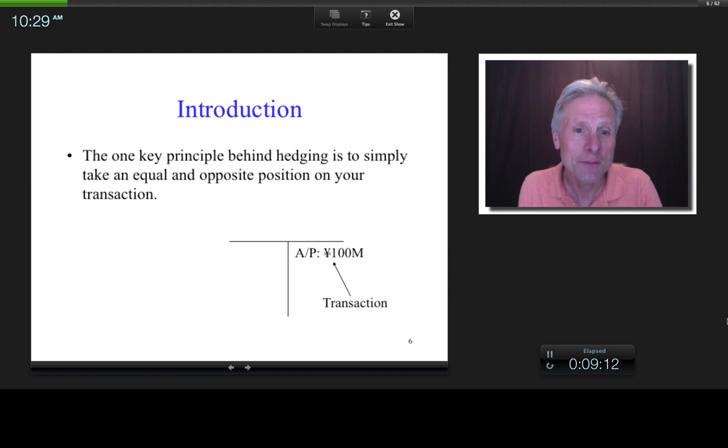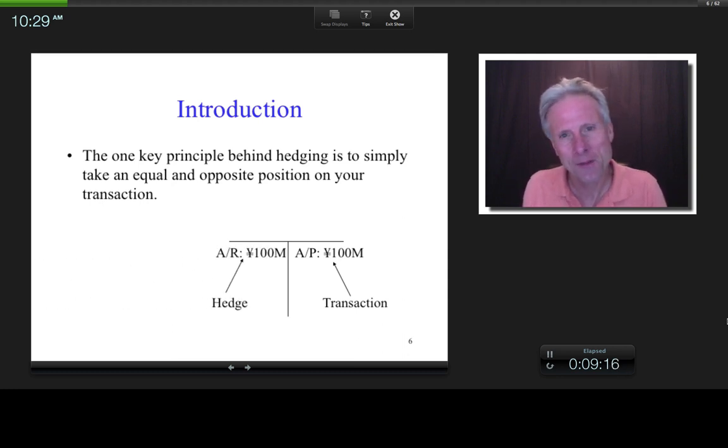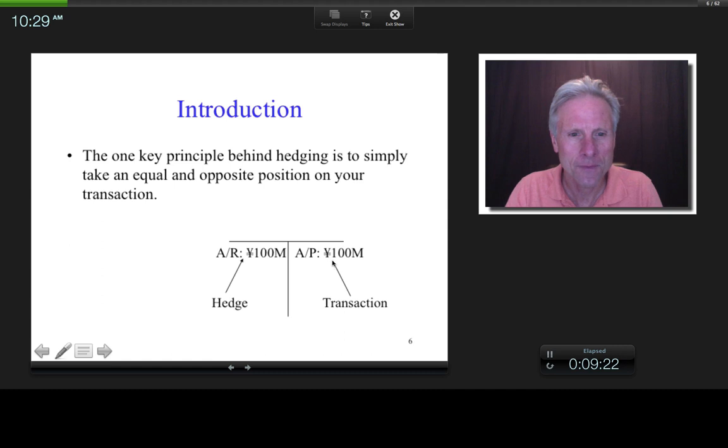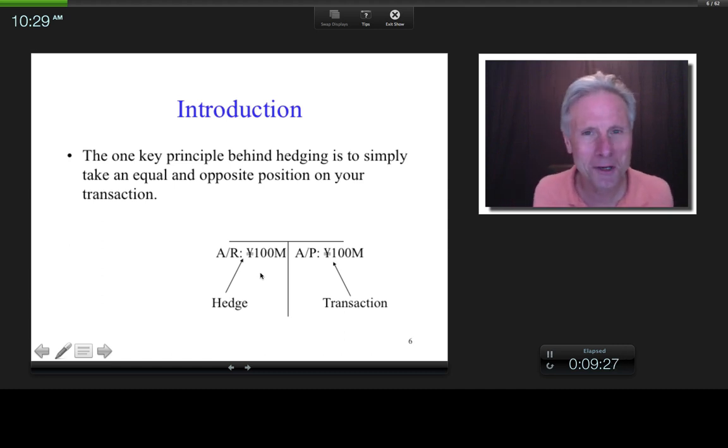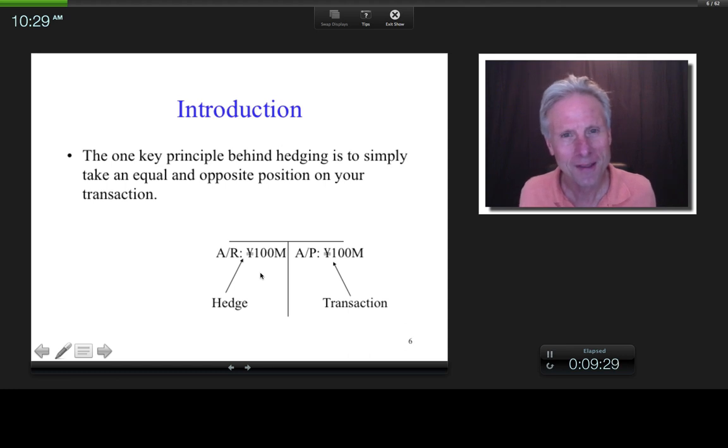Well, basically, what you could do is create something equal and opposite on the other side of the balance sheet. So in other words, with your transaction, if you owe 100 million yen, if somehow, and this is where we'll get into various alternatives with our example later on, but if somehow you could create something equal and opposite on the other side, we'll call that our hedge, then is it going to matter what the exchange rate is?